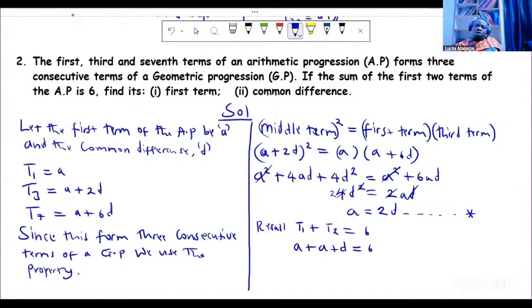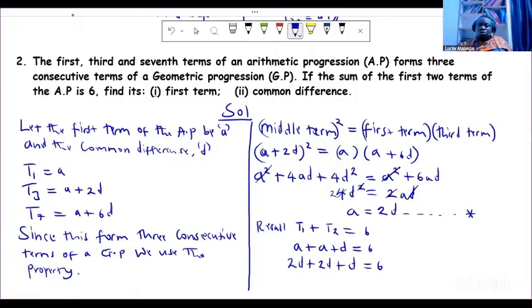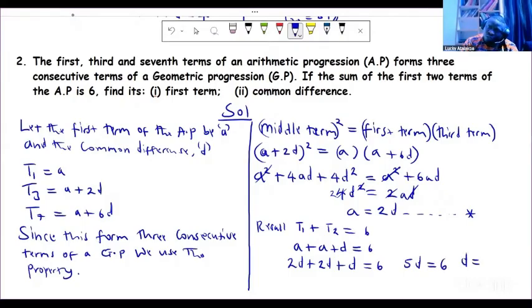So put 2D in place of A. 2D plus 2D plus D equals 6. So 2D plus 2D plus D is 5D, equal to 6. Therefore, D will be 6 divided by 5. Good, that's the common difference.